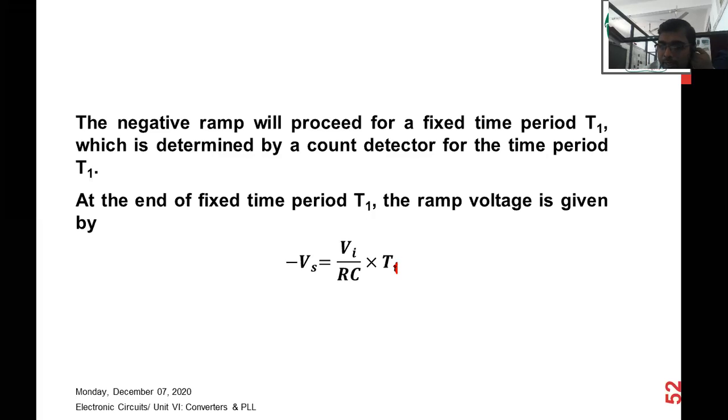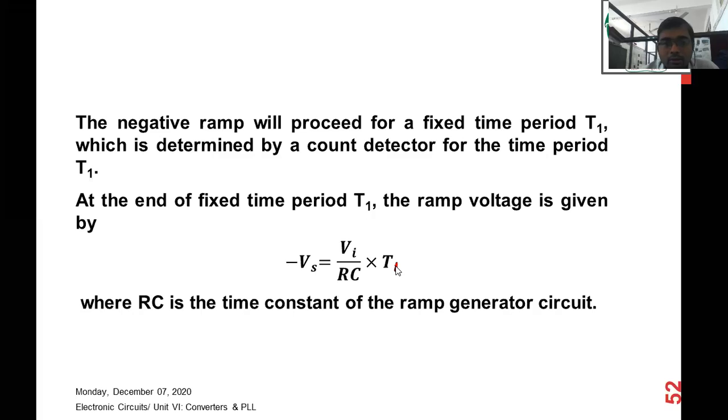This is the ramp input for the time period T1, and Rc is the time constant of the ramp generator circuit.